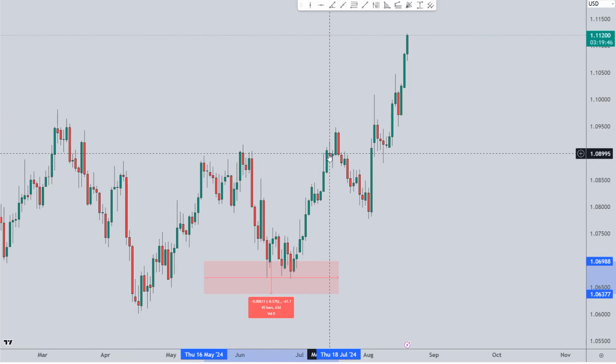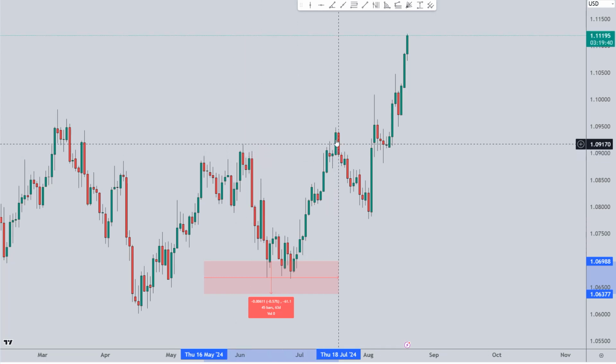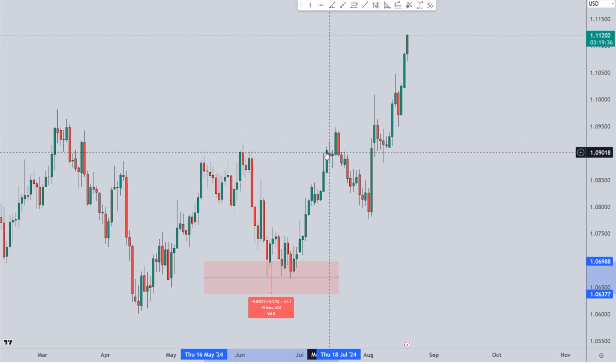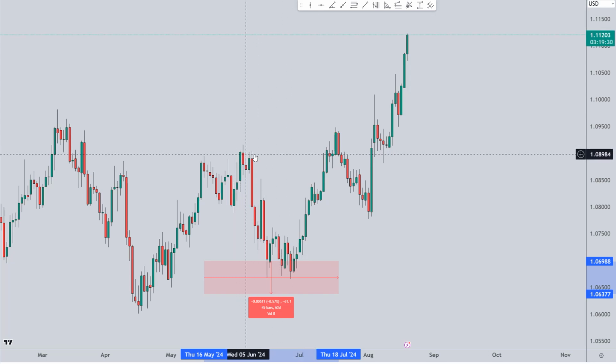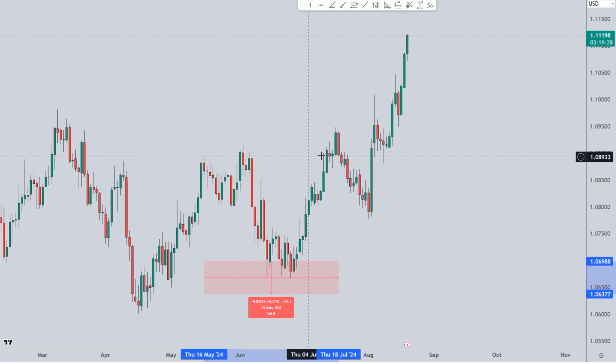So if the market breaks down below these top levels right here, you see how this candle moves up and then comes right back down, and there's a little bit of consolidation right here at this level that just happens to coincide with the top of the market over at this level and really over here.